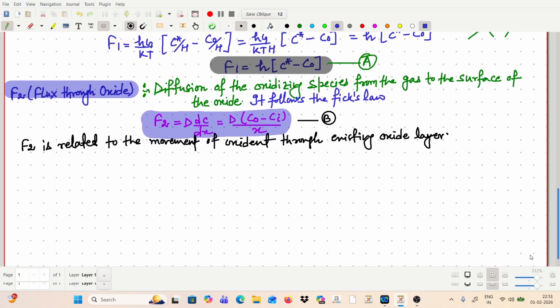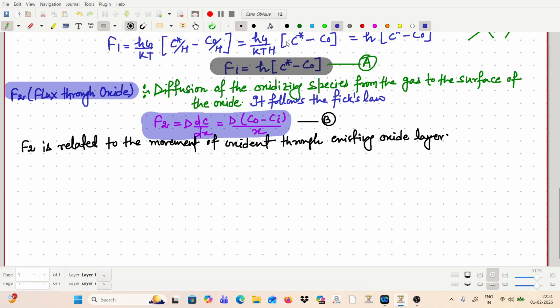So F3 we have to write. F3 is the flux of reaction. In this case, the chemical reaction happens.